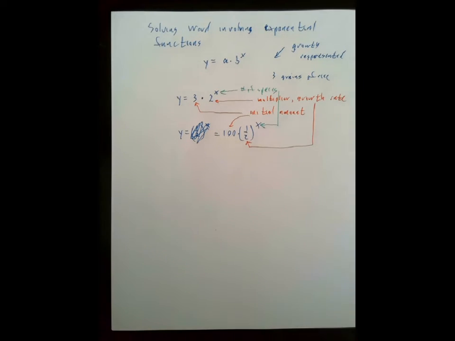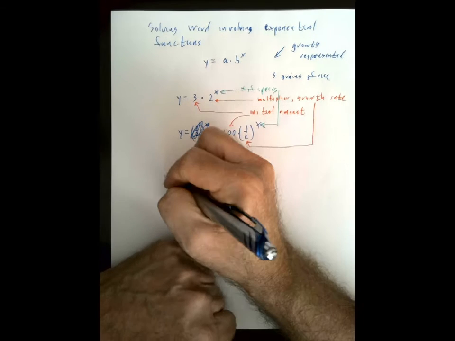So it turns out that another version of this formula, if you're working with money, is something called the compound interest formula. And the compound interest formula looks like this.